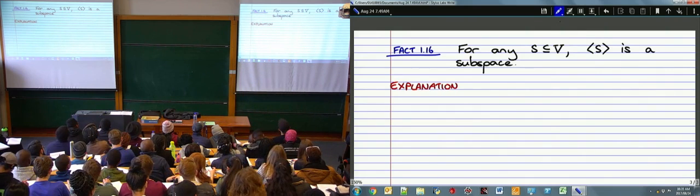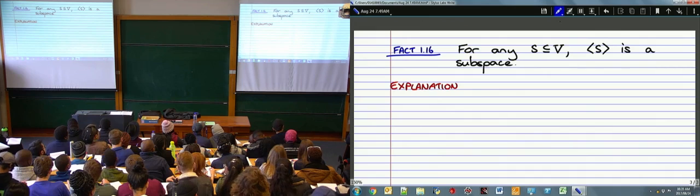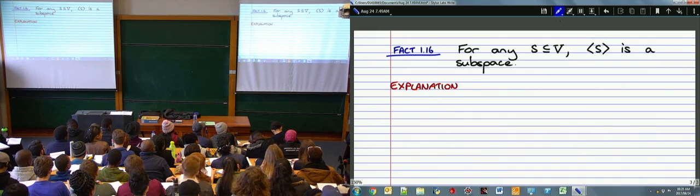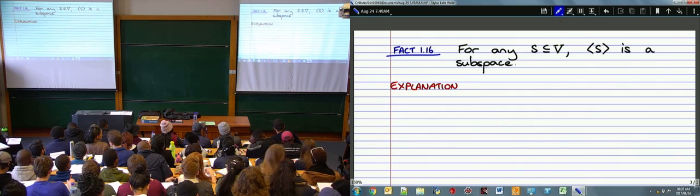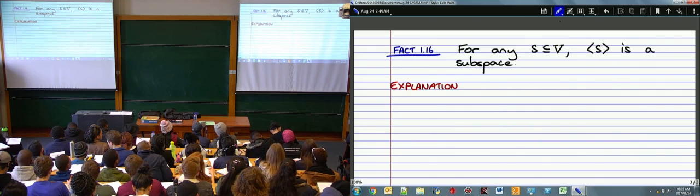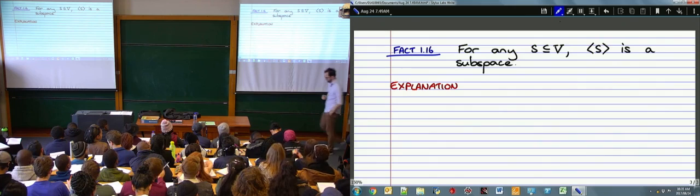Okay. You start with a subset, you think about what does the subset generate? Generates something, and that something is a subspace. So that's what we're going to try to show now. So I think what I'll do is I'll start writing and maybe leave some gaps for you to fill in.